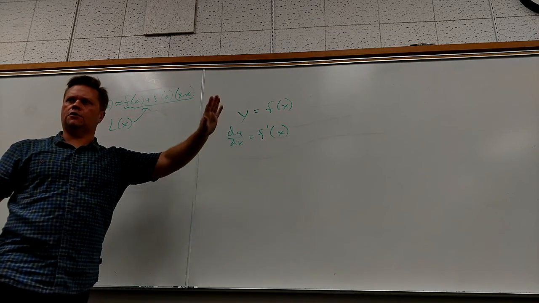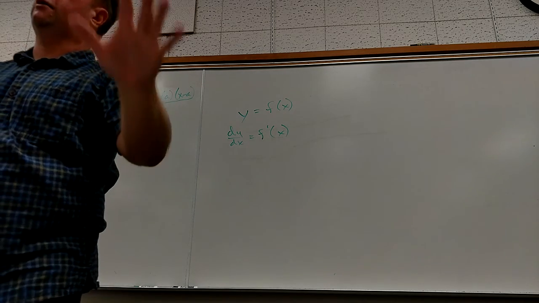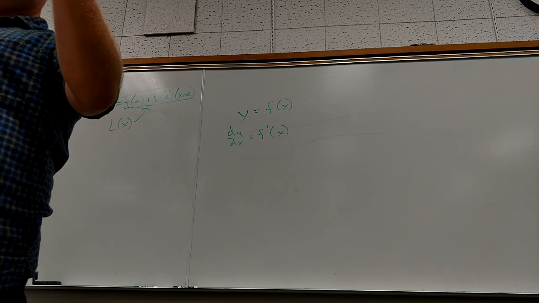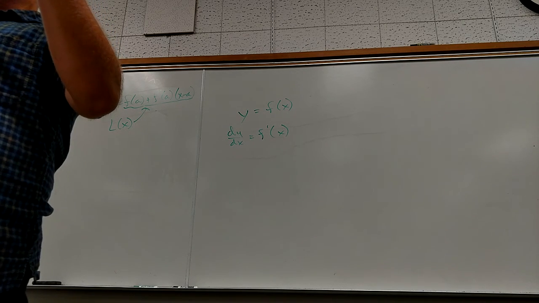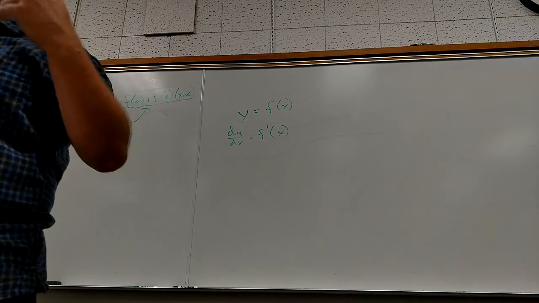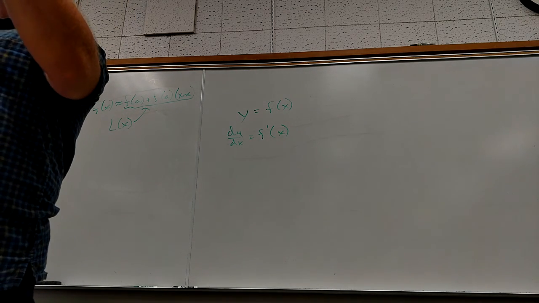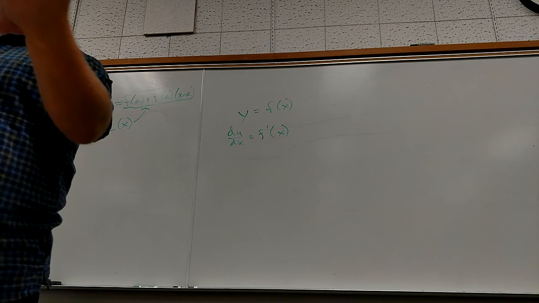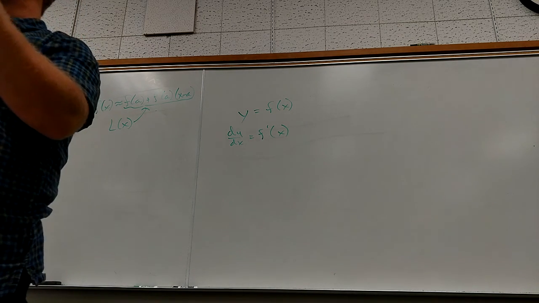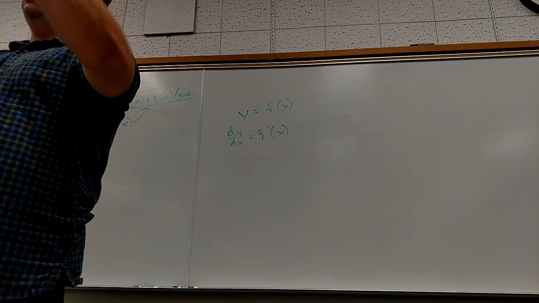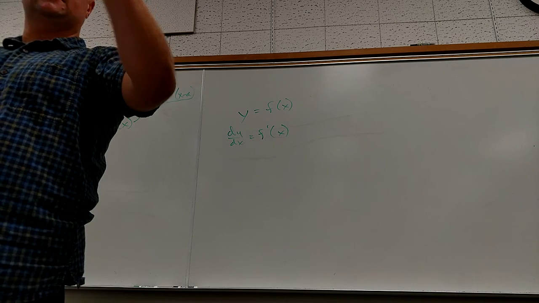I haven't talked too much about the history of calculus, which kind of sucks. I normally do. Leibniz and Newton. You all have heard of Newton, the apple dude. And then you've got Leibniz, who not a lot of people have ever heard of. Those two are attributed to coming up with the ideas of calculus at about the same time.